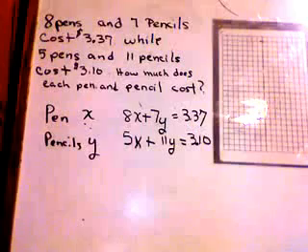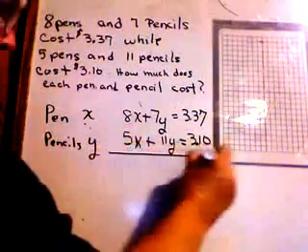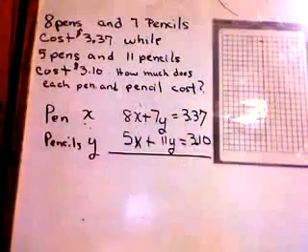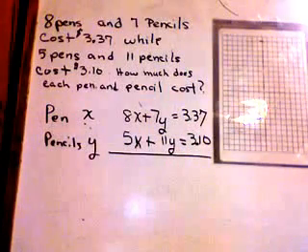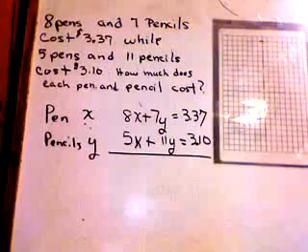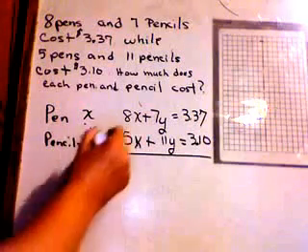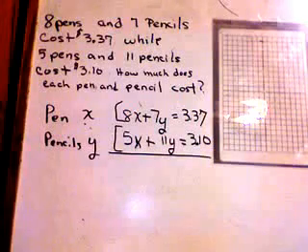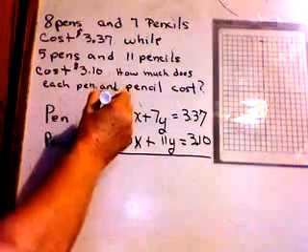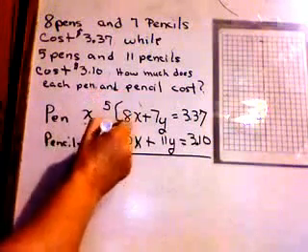All right, now all I have to do is solve the system. So I check. If I straight up add, does anything disappear? No. Okay, so I am going to multiply the top and the bottom by a certain number. I'm going to multiply the top by 5 and the bottom by 8.